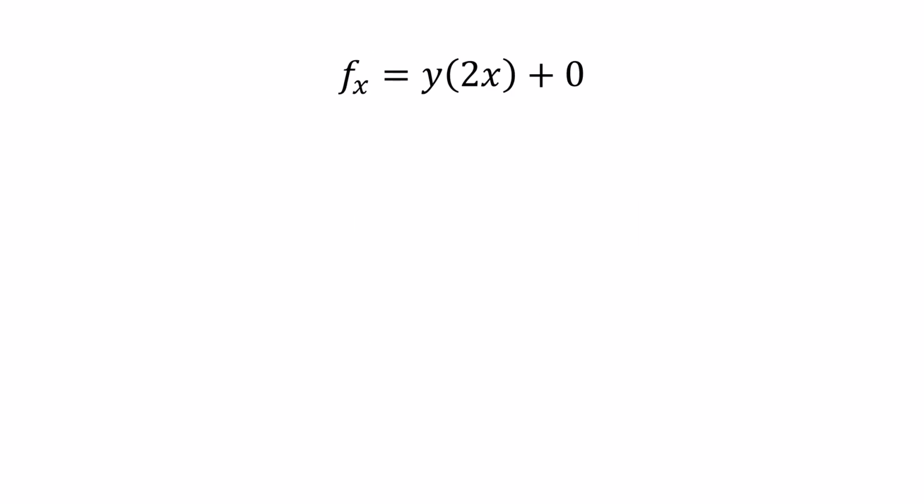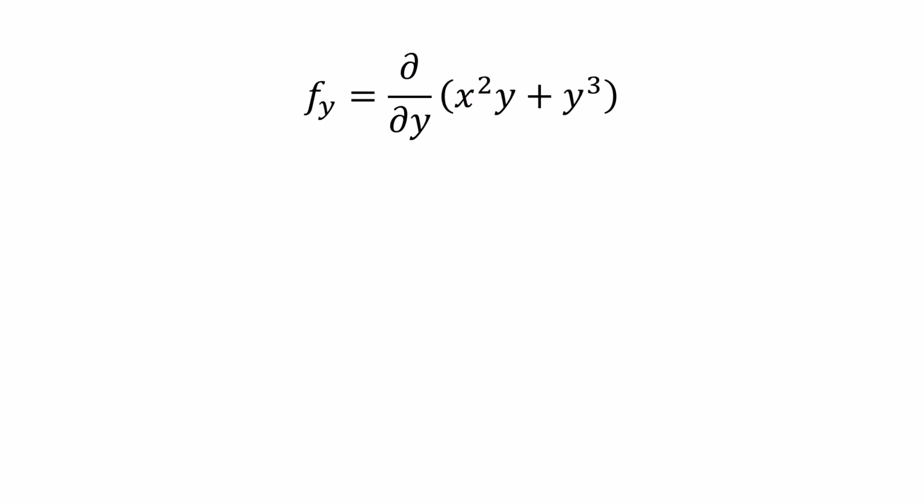Multiplying, we get f_x = 2xy + 0. Adding, we arrive at a final answer of f_x = 2xy.